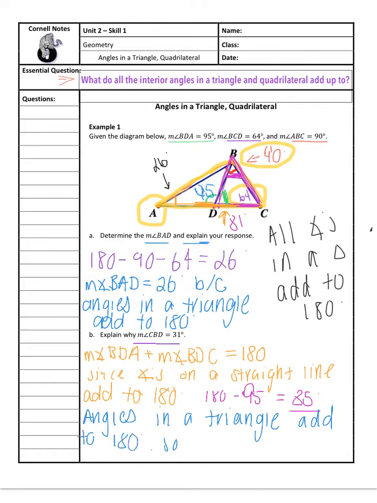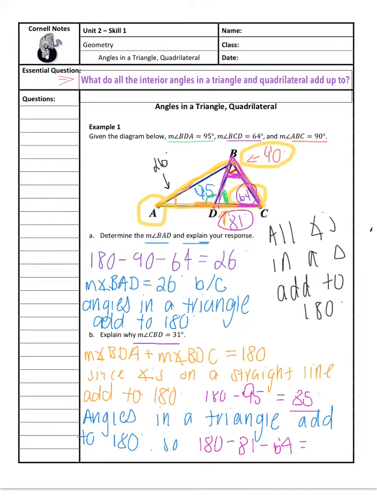So if we go ahead and do a little bit of math here, we now have 180, because it's a triangle, minus the 81, which we just figured out because that's one of the angles in our triangle, minus the 64, because that's the other angle in our triangle.